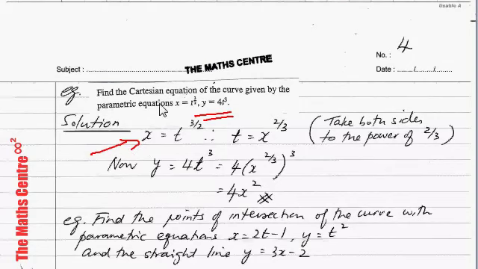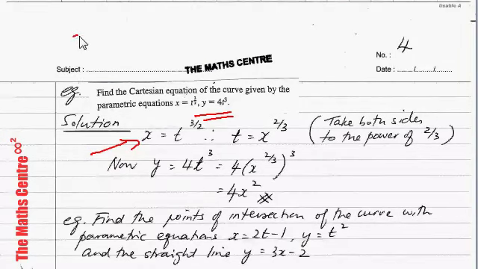So remember the idea, we need to get rid of our parameter. I've started by writing x equals t to the power of 3 over 2. So using indices, we can write t as the subject and write it as t equals x to the power of 2 over 3.